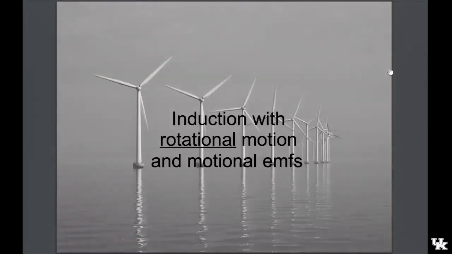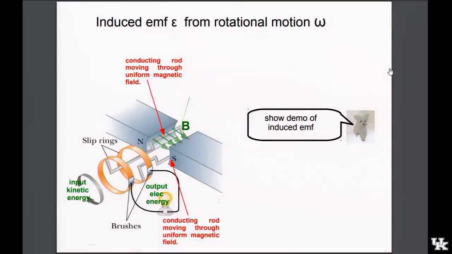Okay, let's talk about induction with rotational motion now. Here's a classic example of induction with rotational motion. This is a simple example of how an electrical generator in a real power station actually creates the electrical power you use.